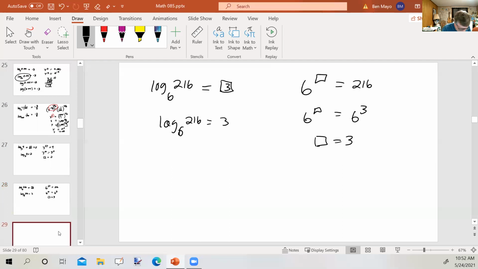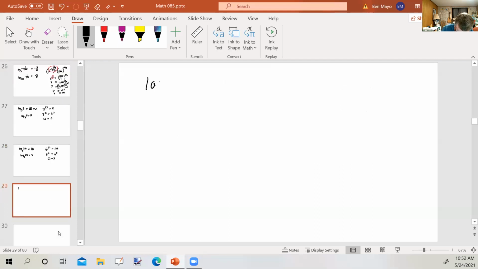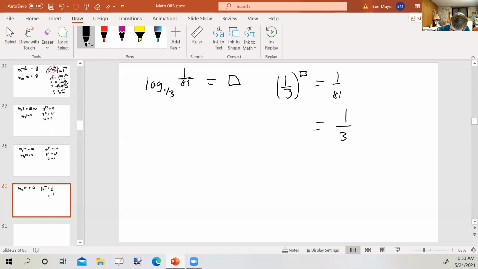How about this one? Log base 1/3 of 1/81. Oops, 1/81. Well, that equals some unknown. 1/3 to the some unknown power is 1/81. But couldn't I write 1/81 as 1/3 to the 4th power?